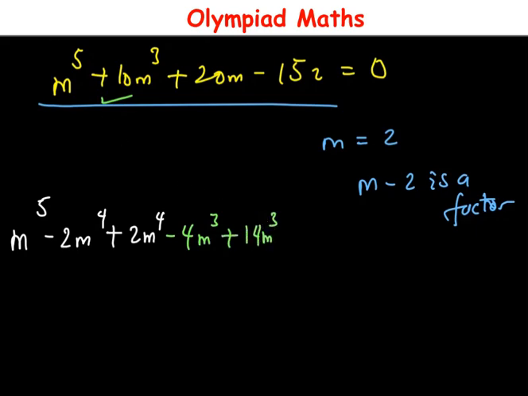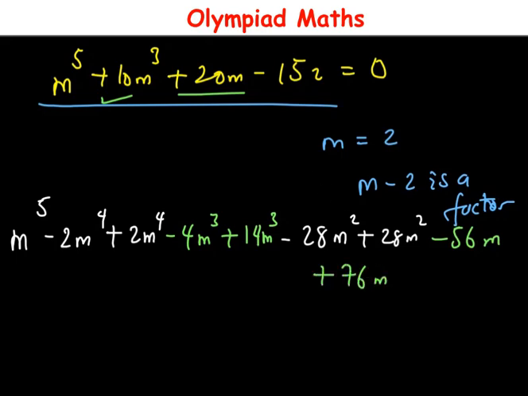And also, we add minus 28m² plus 28m² to this equation, and we can write this plus 20m as minus 56m, then plus 76m, then we have minus 152, okay, and all of this equals 0.